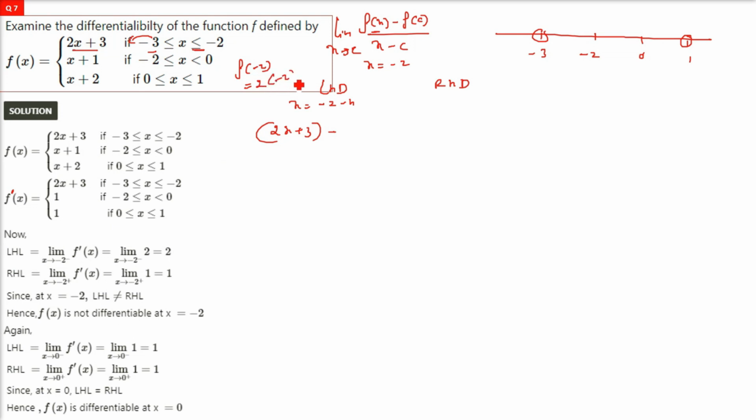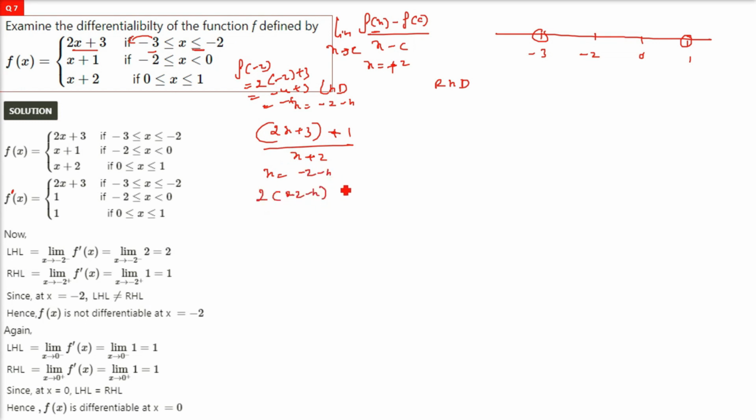So 2 into negative 2 plus 3 is minus 4 plus 3, which is going to be negative 1. So negative, positive. And we have x minus 3x, of course, we have to keep it as minus 2 minus h. And minus becomes plus. So I'm replacing minus 2 minus h here.